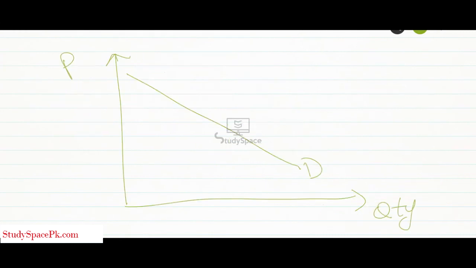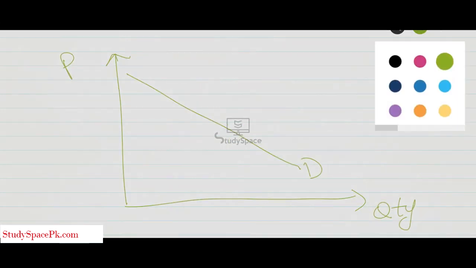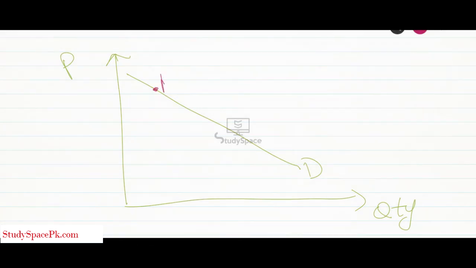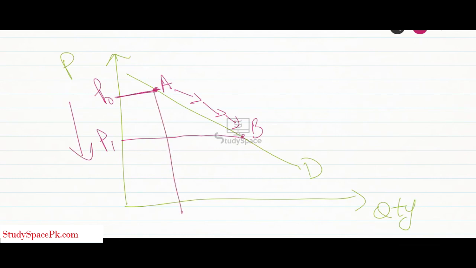So now let's talk about the movement along the demand curve. Let's say this is point A on the demand curve and this is point B on the demand curve. Let's say this is the price P naught and this is price P1. In order to move from A to B, I have to reduce the price from P naught to P1.